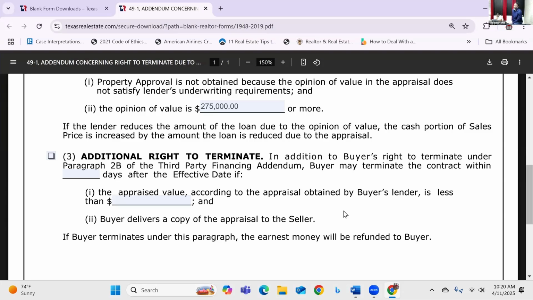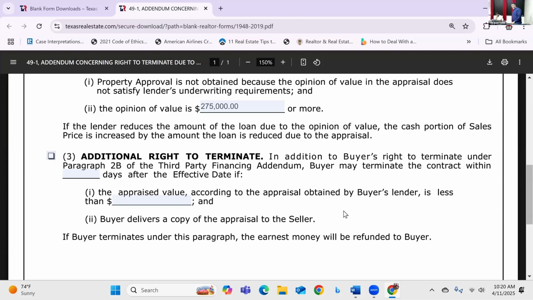It says, in addition to the buyer's right to terminate under paragraph 2B of the third-party financing addendum, buyer may terminate the contract within blank days of the effective date if the following occurred. So once we get this value, the buyer gets this additional amount of days if the following occurred.